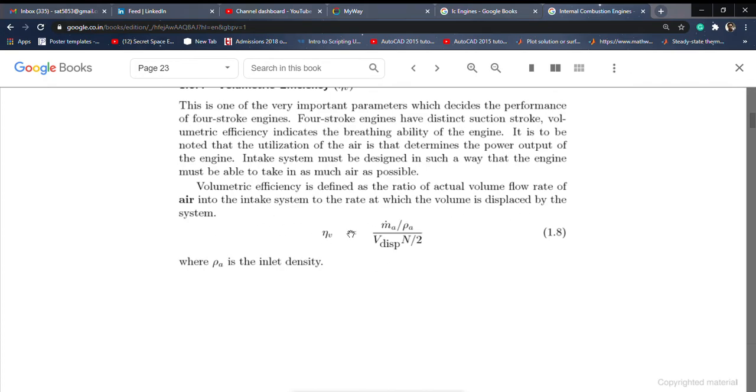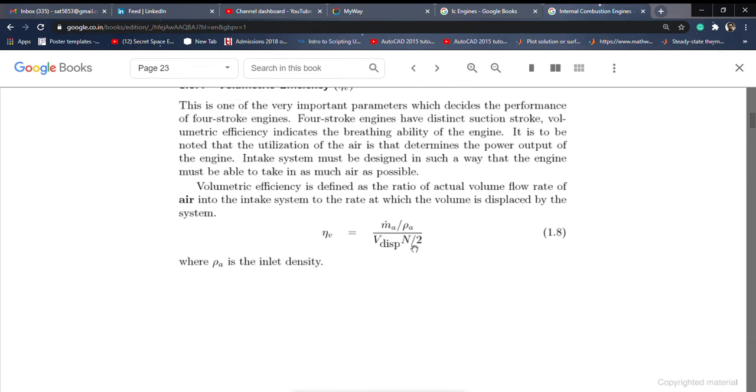So again, volumetric efficiency is the ratio of actual volume flow rate of air divided by the theoretical volume flow rate. So V displacement is the displacement of the piston, N is the RPM, divided by 2, okay.